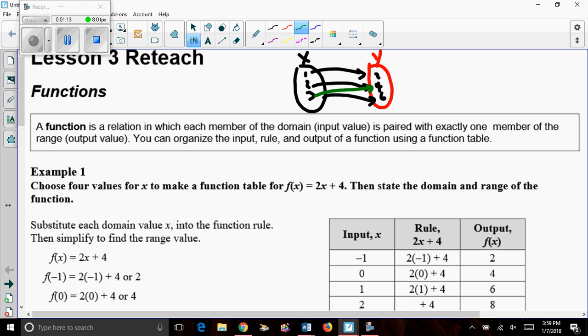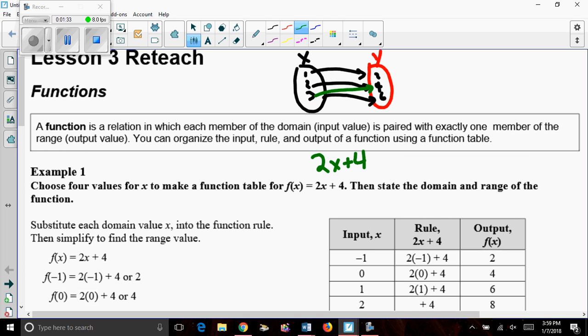Functions work just like equations, where before we talked about y equals 2x plus 4 when we were graphing a line. The 2x plus 4 can be looked at as the rule of a function.